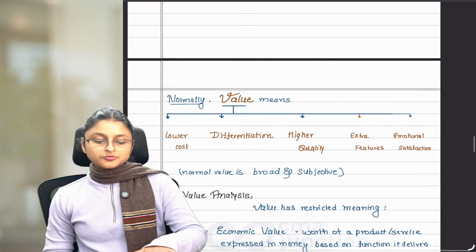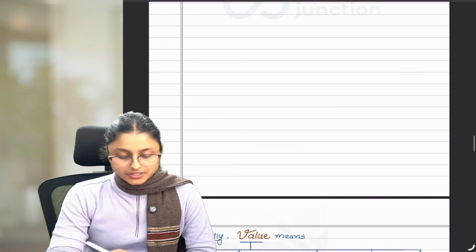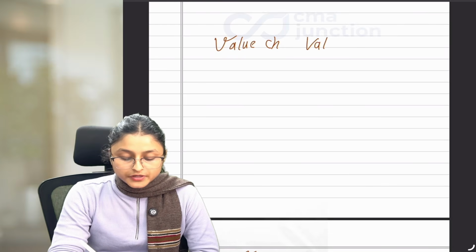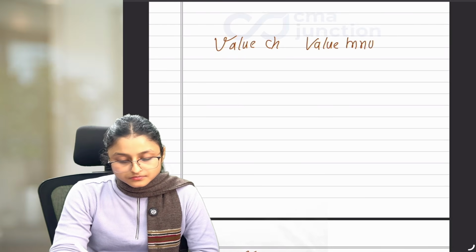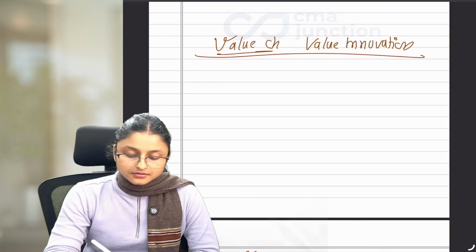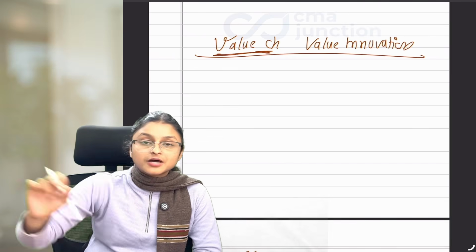Now, let's move forward to value. So, think about it. We have read about value a lot of times, whether we were studying value chain or value innovation. Everywhere, our focus was on value. In value chain, we are trying to add value in every activity we are performing.